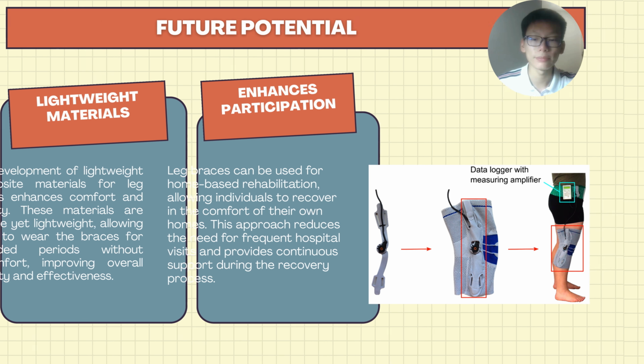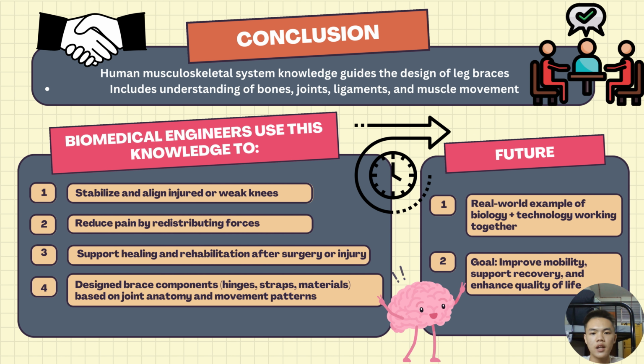As a conclusion, understanding the human musculoskeletal system, how bones, muscles, ligaments, and joints work together, forms the foundation for developing effective biomedical solutions like leg braces. By studying the anatomy and biomechanics of the knee joint, biomedical engineers can design braces that not only stabilize and protect, but also assist in rehabilitation, reduce pain, and enhance mobility.